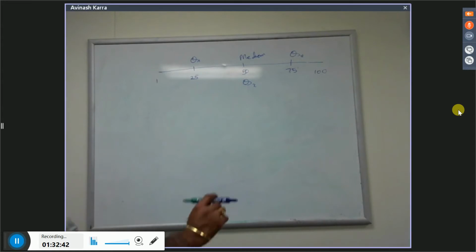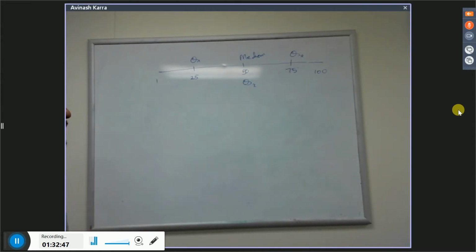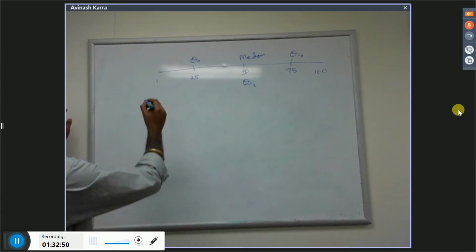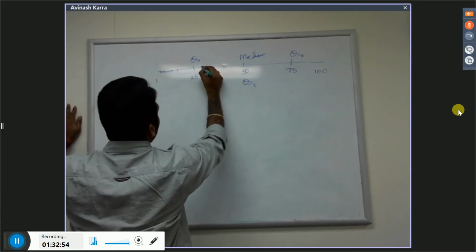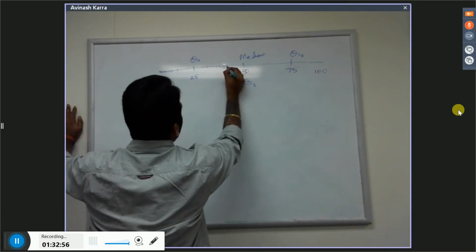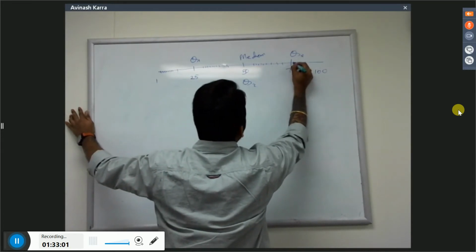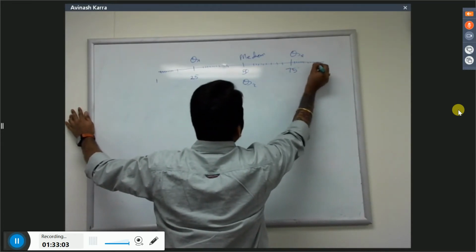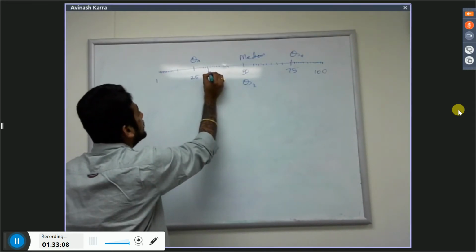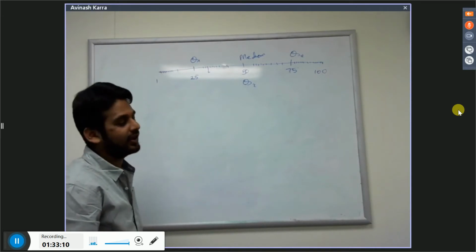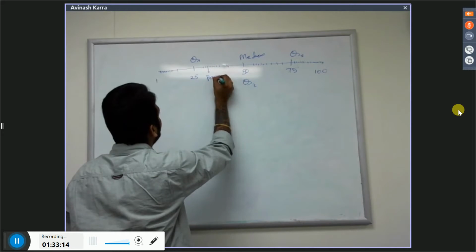If I want to divide the whole sequence into 100 equal parts, so on like that, each part is called percentile.